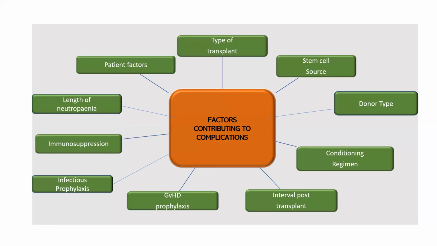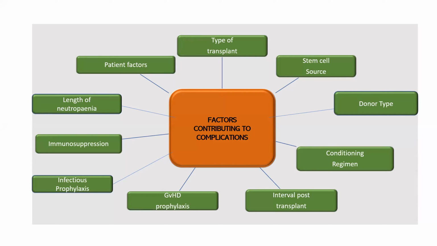The conditioning regimen can also cause post-transplant complications. The interval post-transplant matters: how long after the transplant is the infection, or whatever is going on, happening. The type of GVHD prophylaxis that is used can also contribute to complications.